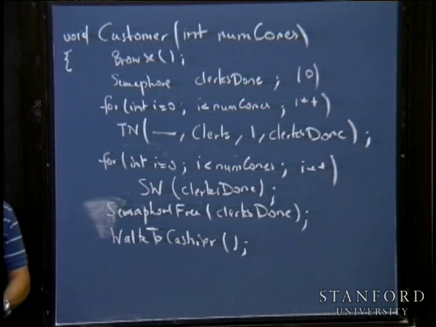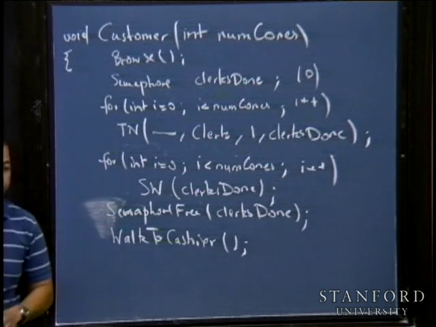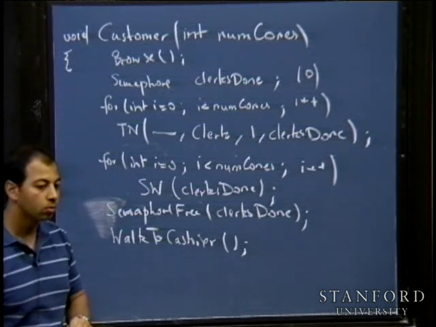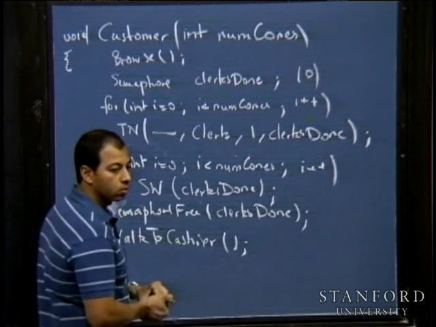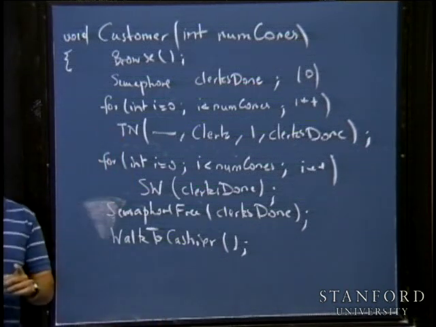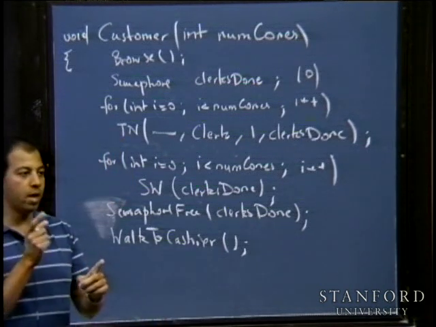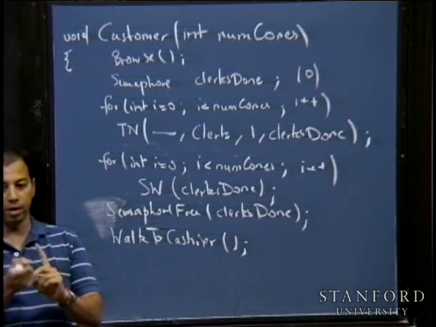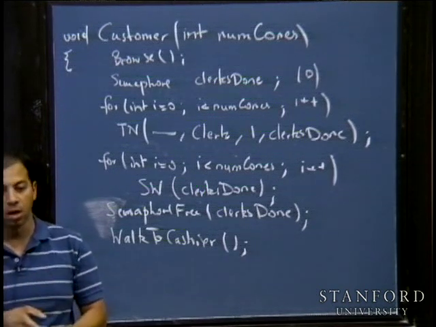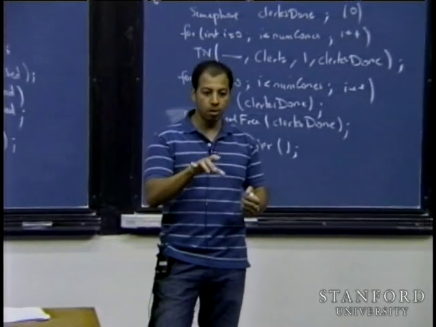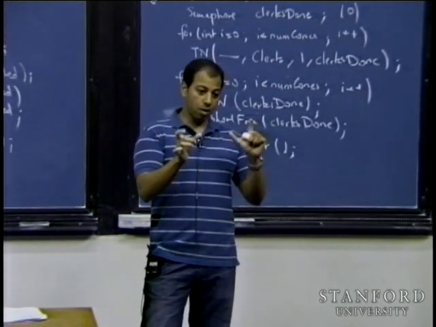Okay? Yes? Can we make this done to be an integer pointer, just a shared variable? Right. So the question is the following. Can we make the semaphore a shared integer variable or a pointer to a variable? And this takes us back to the problem of test and use.